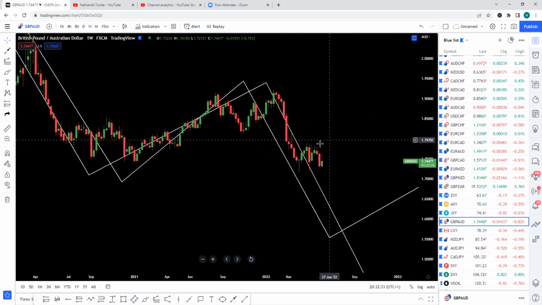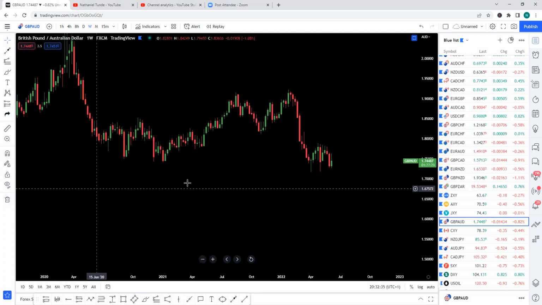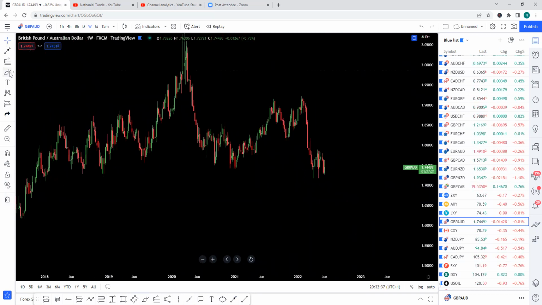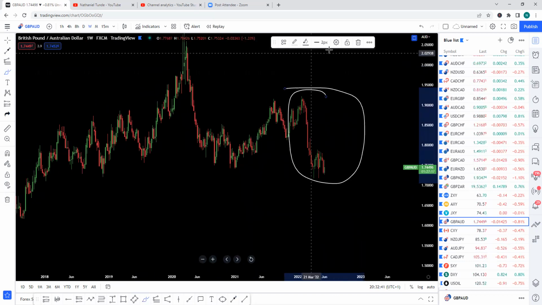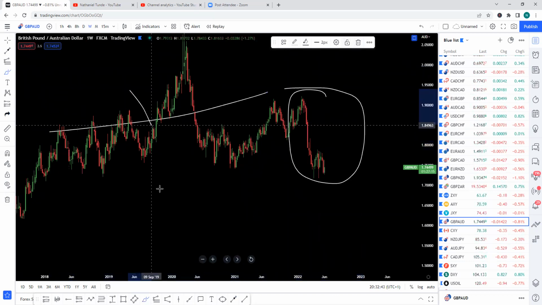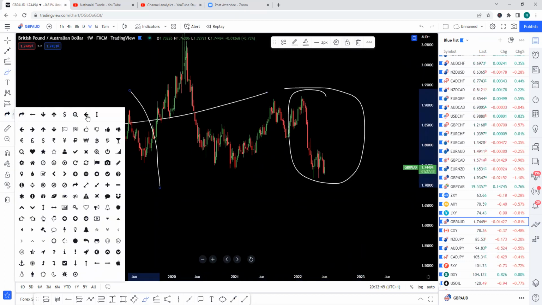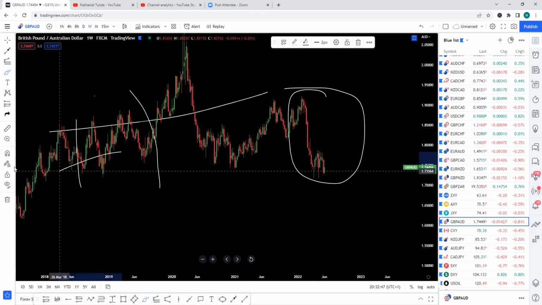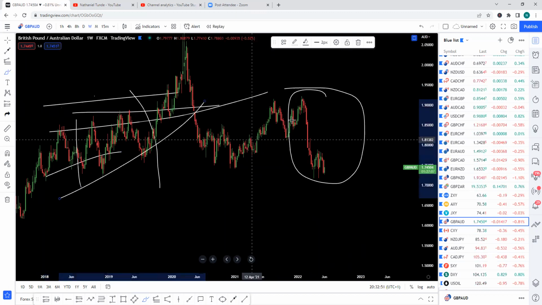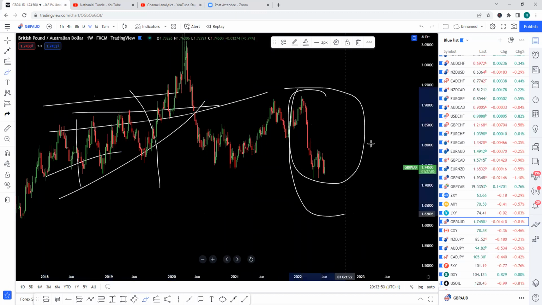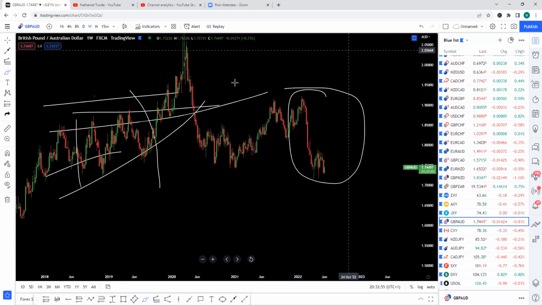On the weekly time frame, now we have to concentrate on this portion. We're not concerned about this again. All we need to get, guys, we have gotten it. We need to move back and concentrate on all this. What is our business here? Only this portion on this weekly time frame.